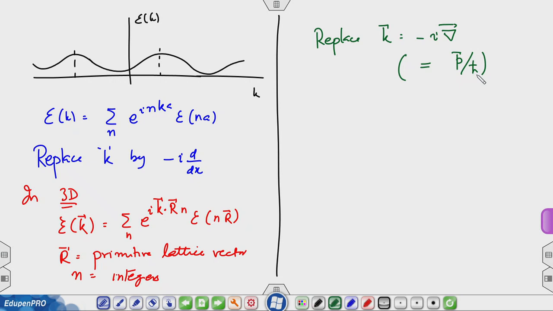If I do that, then I am going to have E as an operator equal to summation n, k is being replaced by minus i. So, it will become e raised to i n r dot del operating on E n r.